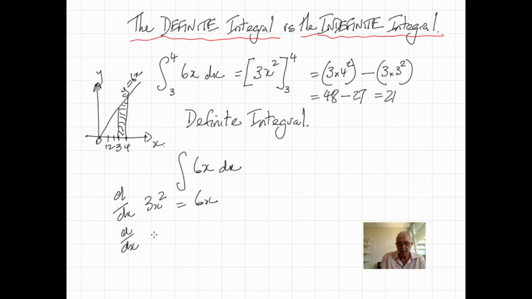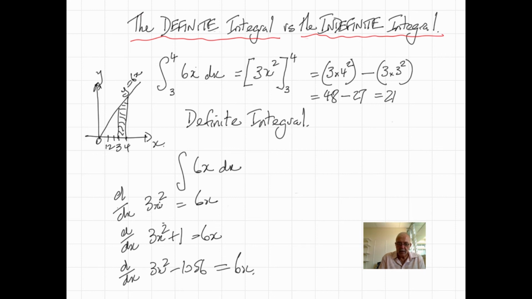If I find the derivative with respect to x of 3x squared plus 1, I get 6x, and when I find the derivative of 1, I get 0, so I still get 6x. If I find the derivative with respect to x of 3x squared minus 1056, I still get 6x.